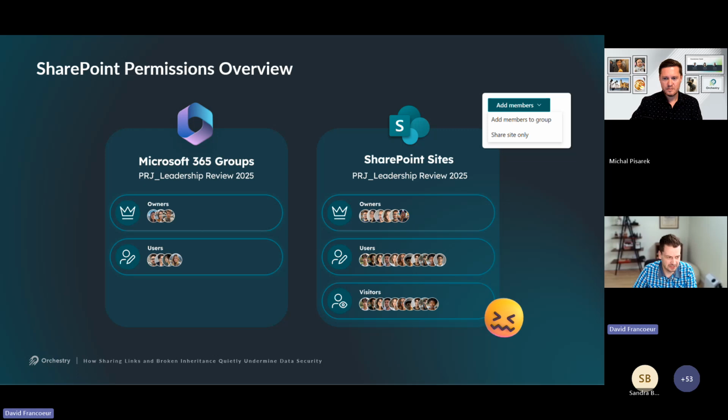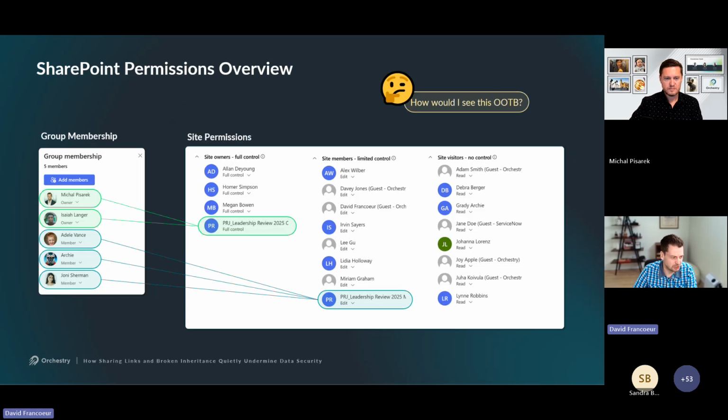Because out of the box, with SharePoint, you have ways to look at the group membership, which you can open here. And you can also open the site permissions here. I guess what you could do is what I've done here and take a screenshot of them and put them side by side.